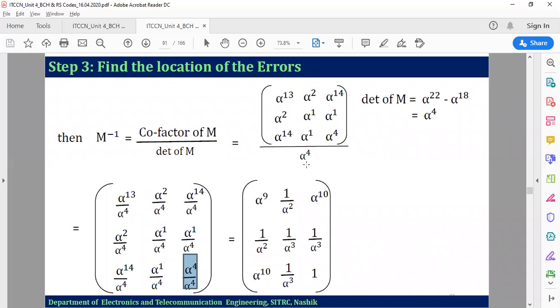Chalo, write this down. This is clear. If this is clear, please let me know.